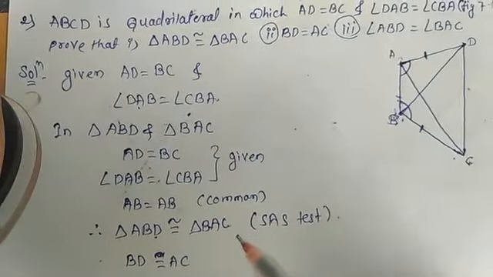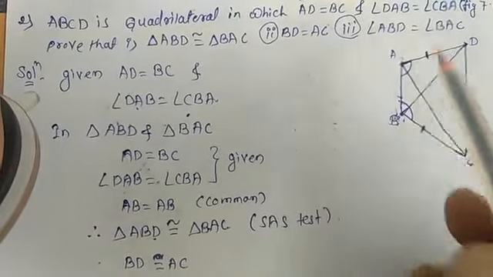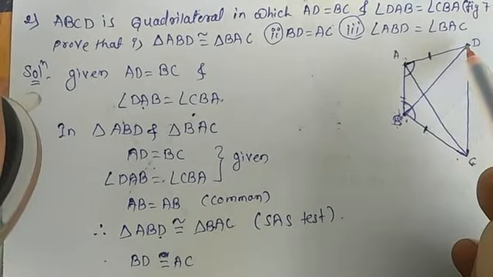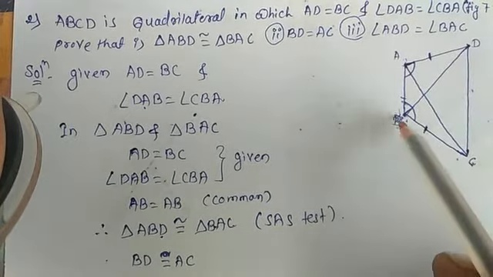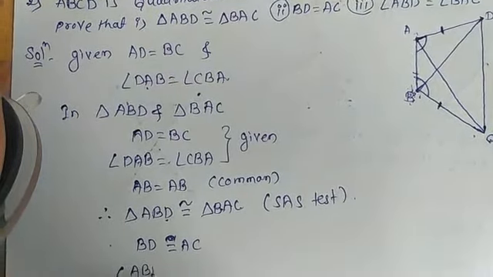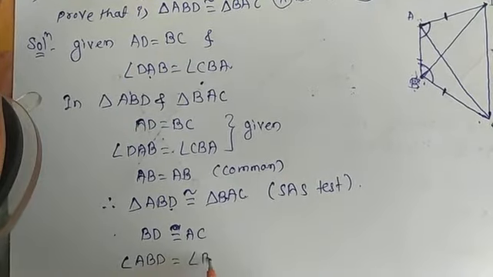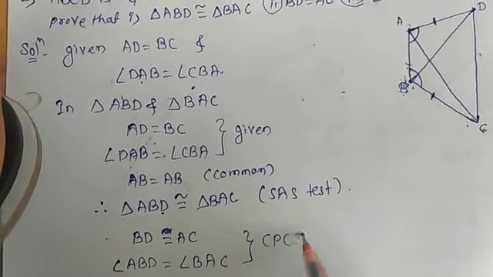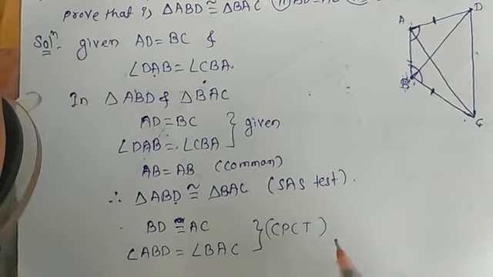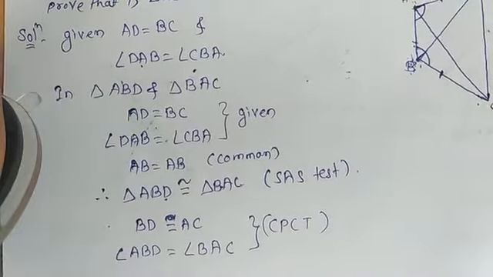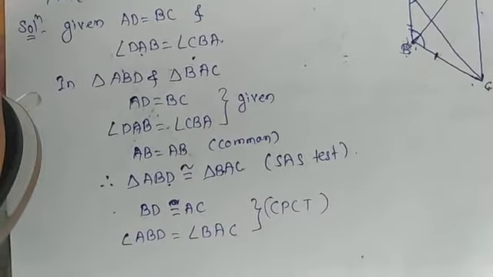And the angle we have to prove, angle ABD, is equal to angle BAC. Corresponding parts of congruent triangles are equal, which is our required solution of example number second.